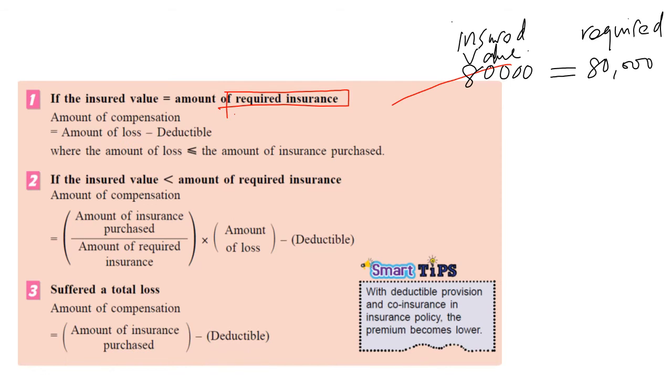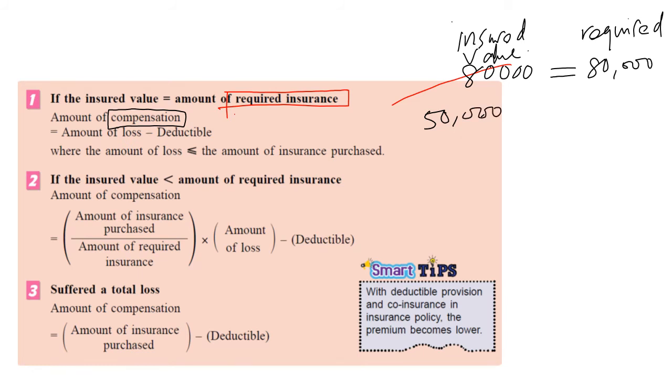So the amount of compensation if anything happens to your house is the amount of loss. Let's say your house caught fire, 50,000.